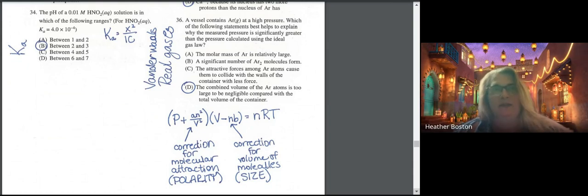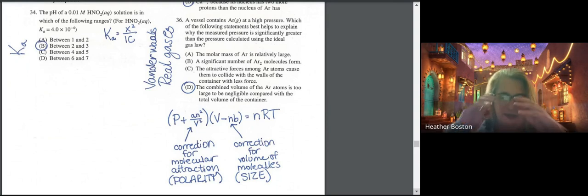So what that means is gases act most like ideal gases when they're under very low pressures and very high temperatures. So think of the opposite: what would you do to a gas to turn it into a liquid? If you wanted to turn a gas to a liquid, you would increase the pressure or decrease the volume.